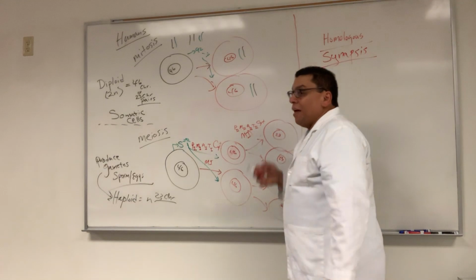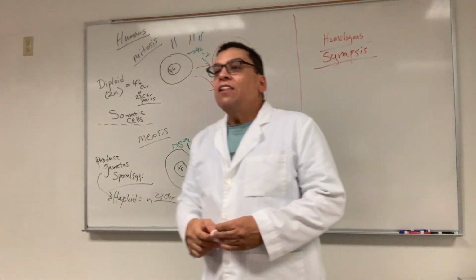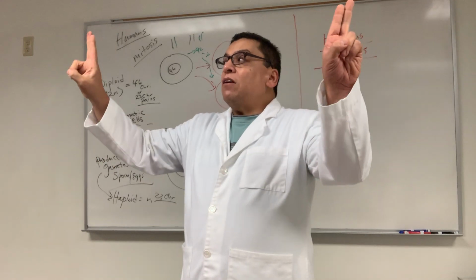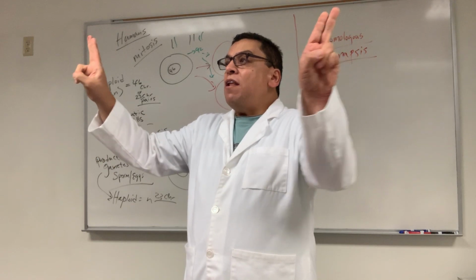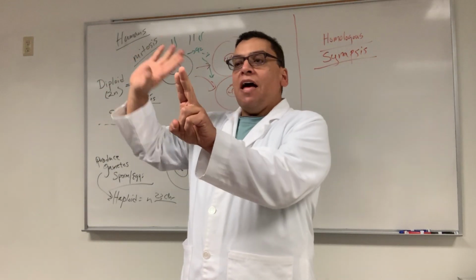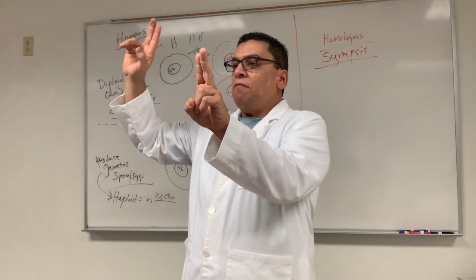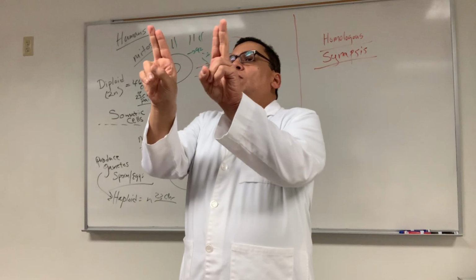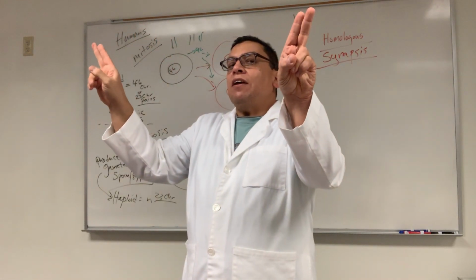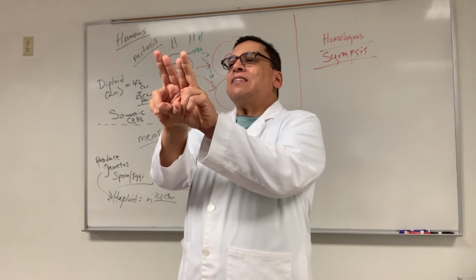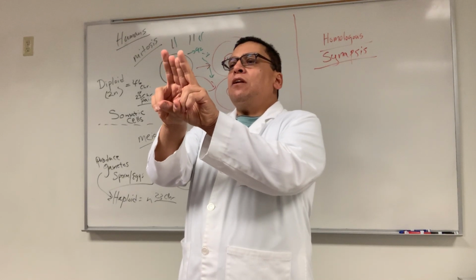The coming together. Who's synapsing? The homologous chromosomes. So the 2 homologous chromosomes for chromosome number 1 will synapse together. All of that again is in prophase 1. I have not left prophase 1 yet. So the sister chromatids come together, the homologous chromosomes come together and synapse. They attach to each other.